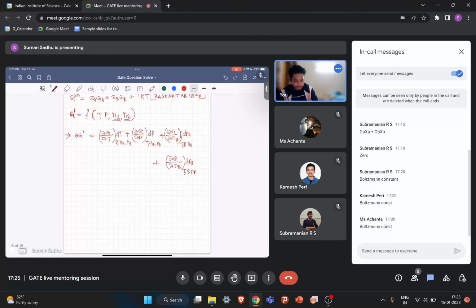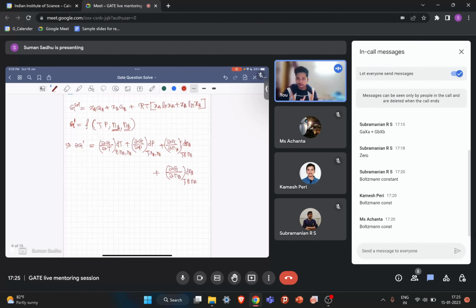Now let us assume this solution is at constant temperature and pressure. Then dT will be 0 and dP will also be 0, so only these two terms remain. As I discussed earlier, what is del G by del N_A at constant temperature, pressure, and N_B?